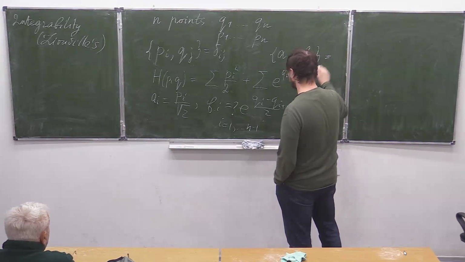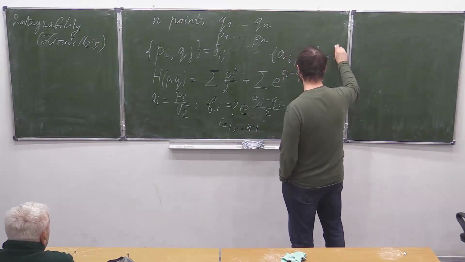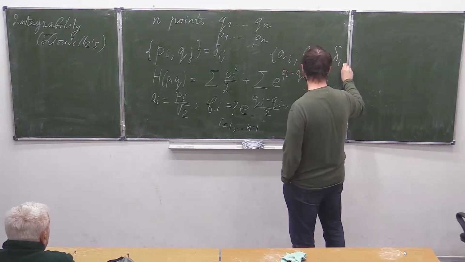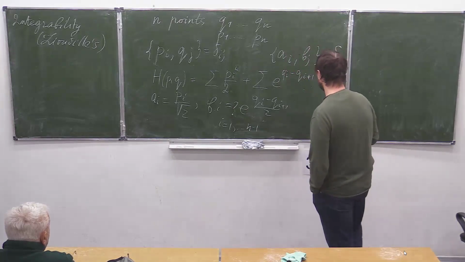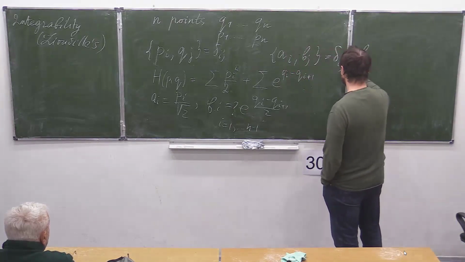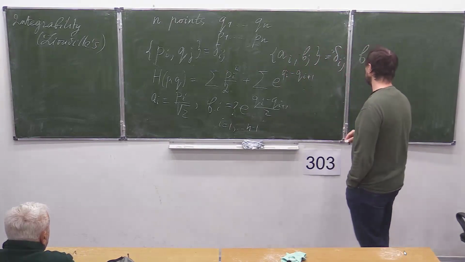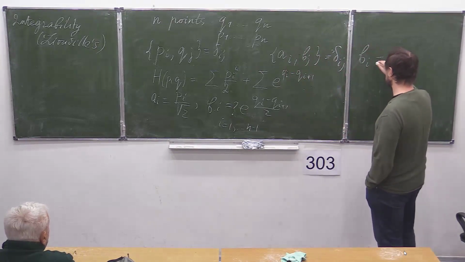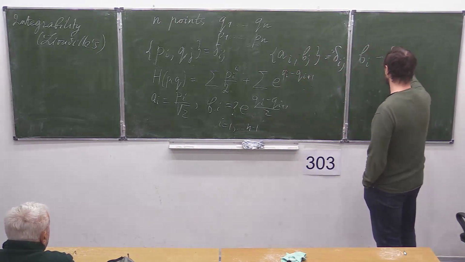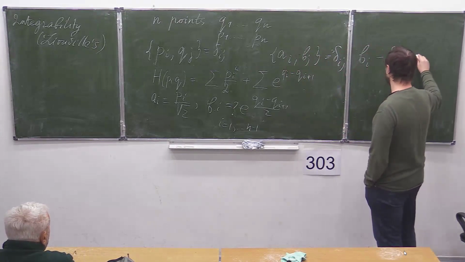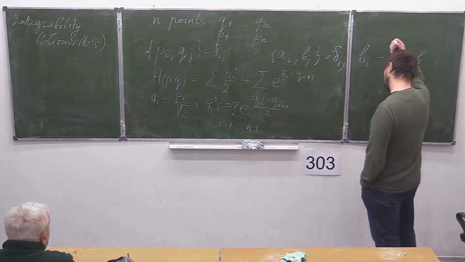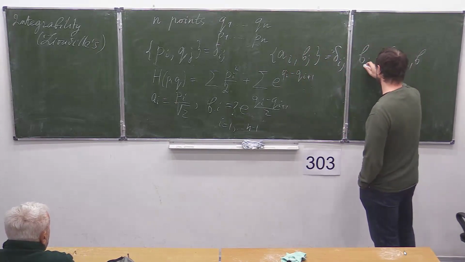It's again something like delta ij bi minus delta i, j minus 1 bj, with some coefficient which I don't remember.